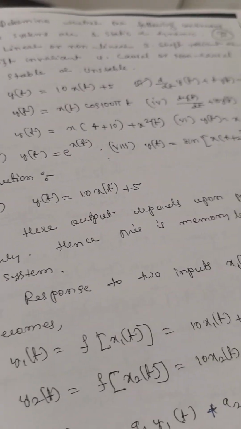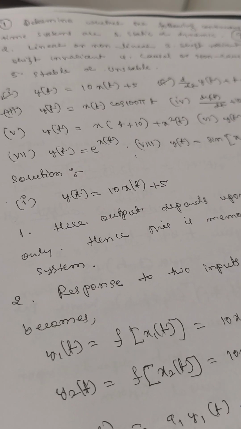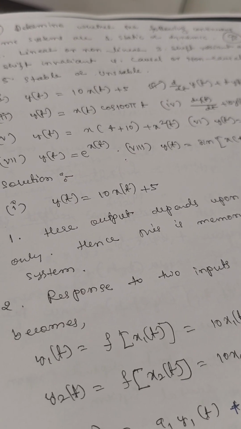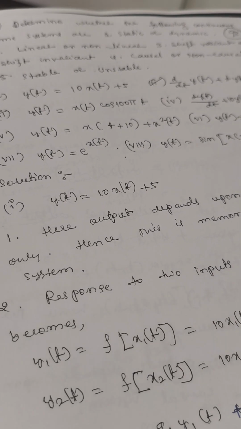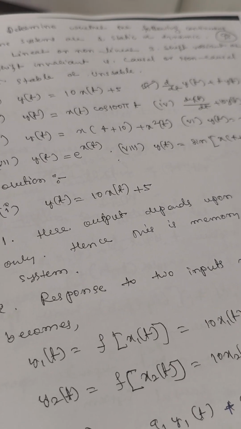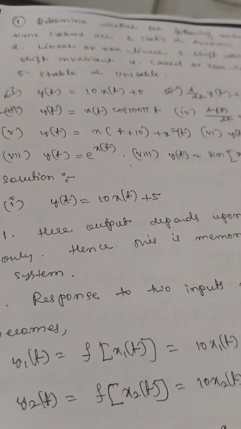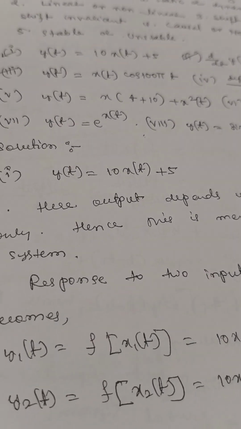First, we'll take the first problem, that is y of t equal to 10x of t plus 5. This is the equation of a system.